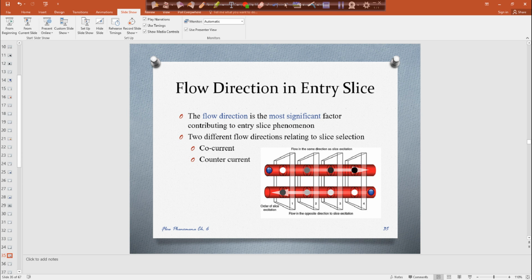So countercurrent is down here. That's countercurrent. So here's our blood flow, and then you're going to give it almost the last slice in the stack first, and then your first slice is going to be last. You said the countercurrent increases flow? Countercurrent increases your entry slice phenomena, and it increases signal within the vessel.